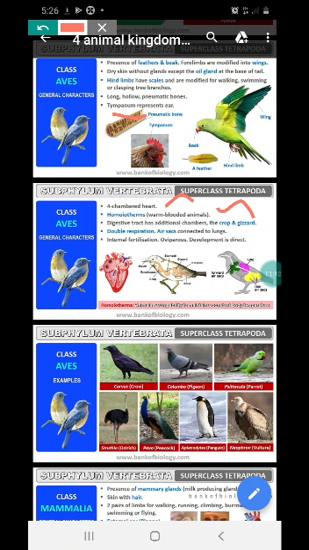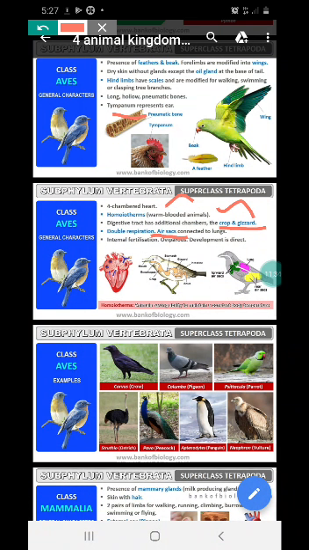And the digestive system has special chambers called crop and gizzard. And the respiratory system is also special because they have air sacs. The lungs are provided with extra compartments which are called air sacs.